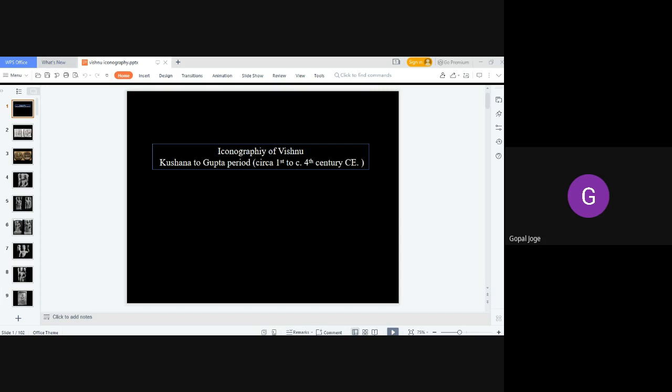Okay, Ghoshundi inscription. The second inscription is the Nagari inscription. This is also datable to the 2nd century BCE or 4th century BCE.